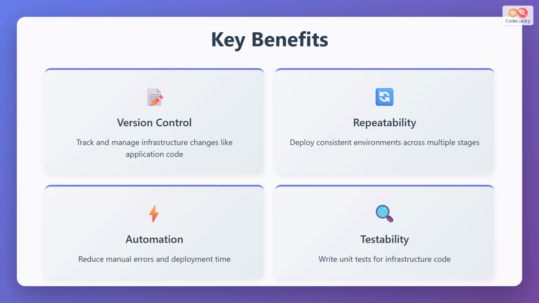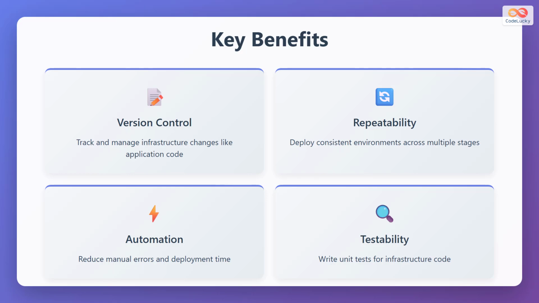Infrastructure as code with CDK brings several important advantages. Version control allows you to track and manage infrastructure changes just like you do with application code, making it easy to see what changed and when. Repeatability ensures you can deploy consistent environments across development, testing, and production stages, reducing configuration drift and errors.